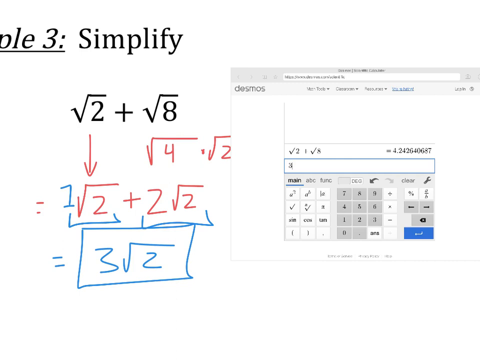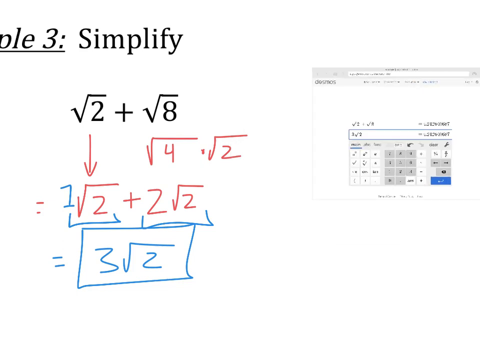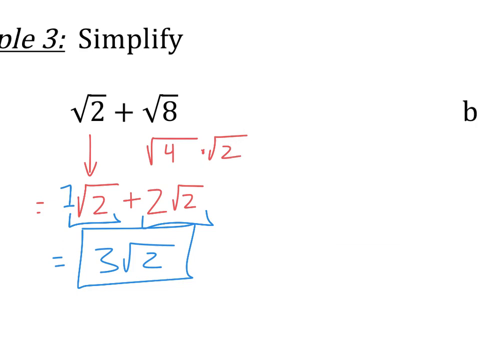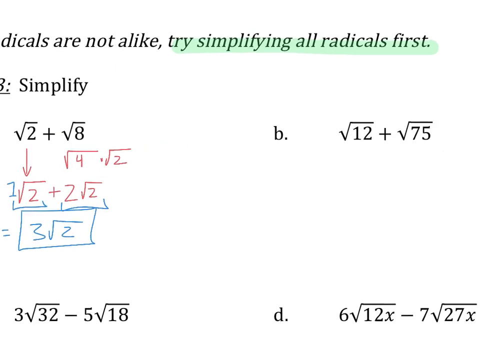And 3 times the square root of 2 is the same thing. So that's the idea. We get the same value, but this is exact. That decimal number 4.24, whatever it was, is not exact.